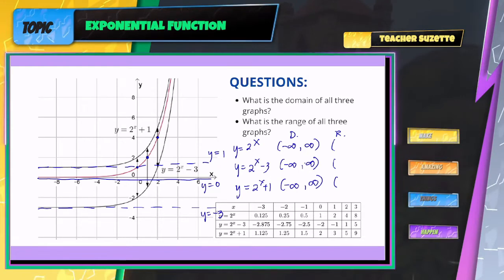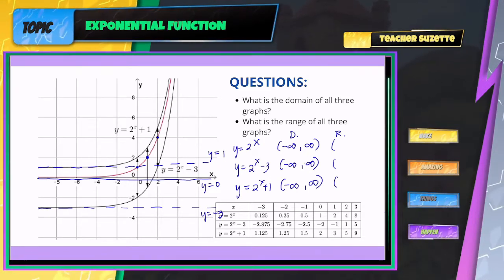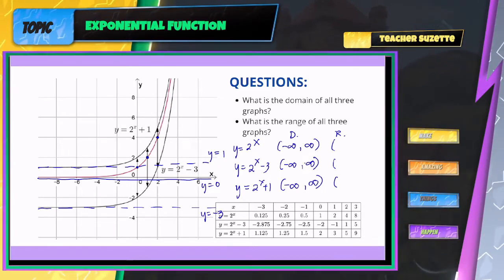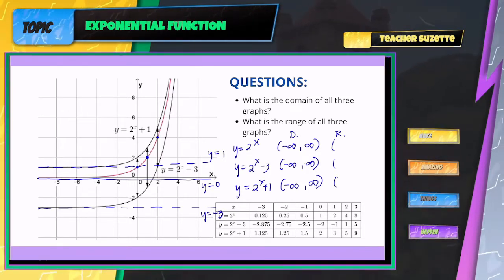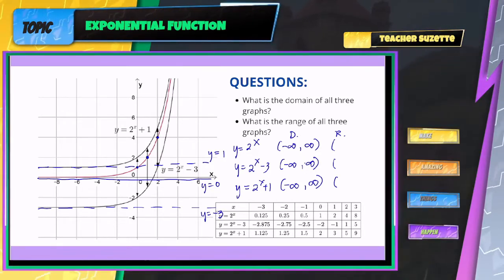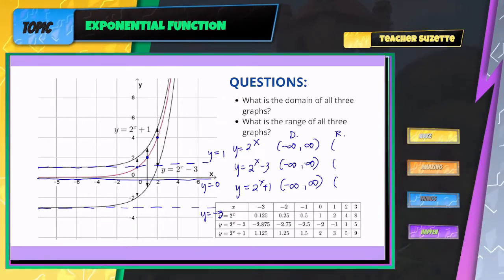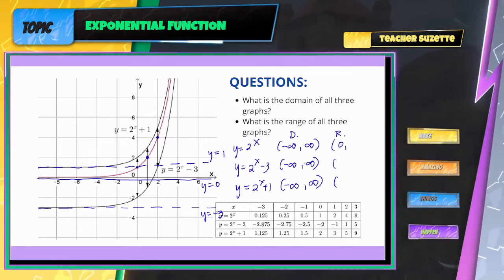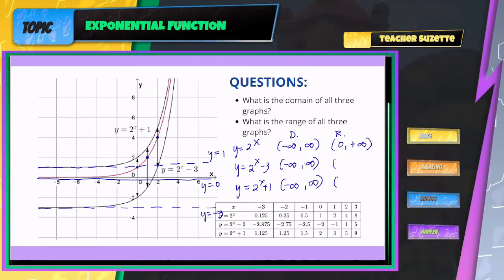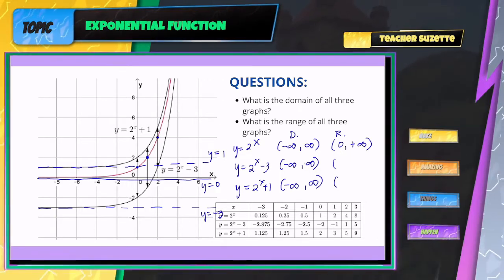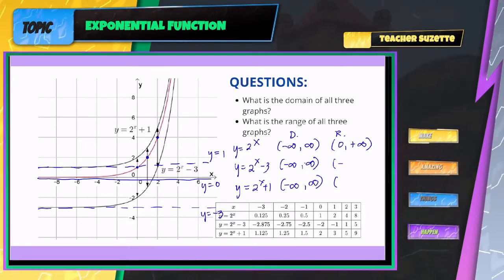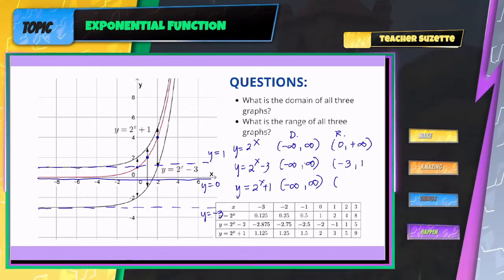From here, we can identify our range. Obviously, all of our graphs go upward, approaching positive infinity. So for y is equal to 2 raised to x, our range is (0, positive infinity). For y is equal to 2 raised to x minus 3, our range is (negative 3, positive infinity).